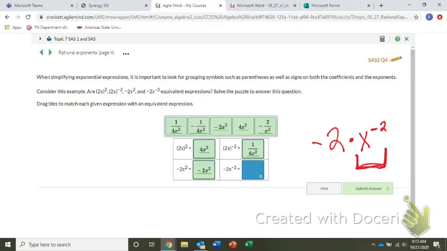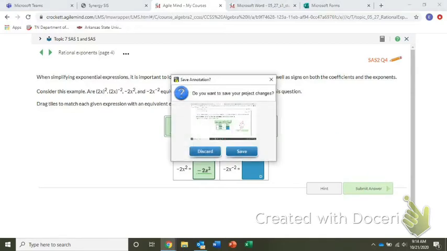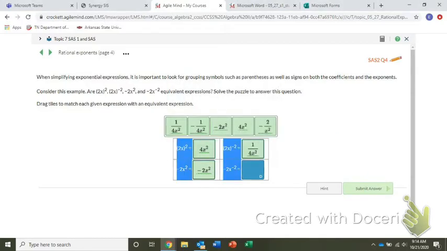So what should I do? Well, I can't do nothing with this -2, but I can do something with that x -2. I can put it on the bottom. So now my answer would be, whoops. Negative. It's talking. There we go.